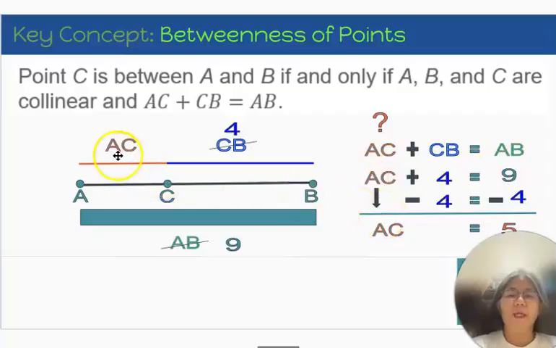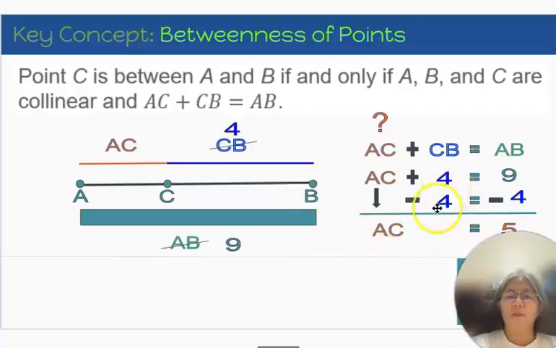So we don't know what is AC, but we know what is CB, which is 4 right here. And then you know that the length of AB is 9. Then we can use our algebra. By substitution, we know that CB is 4, AB is 9, and then using algebra, we can find the measure of the line segment AC.